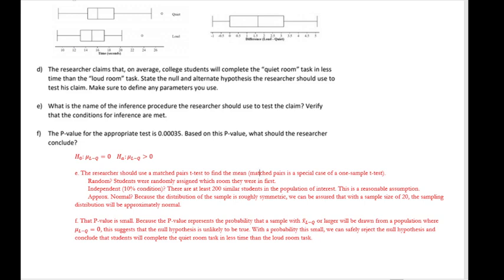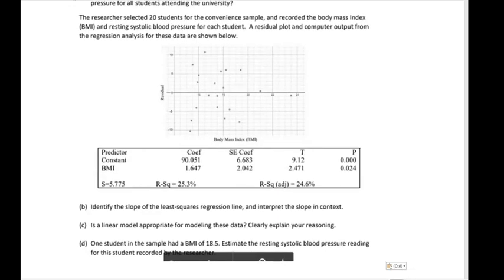Because each participant did both things, that's going to be matched pairs. The temptation is often to do two sample for something like this, and you want to check and see, are we in fact taking two samples, or are we getting two sets of data from one sample? So that's the thing to be aware of. And let's take a look at the last problem for today here.